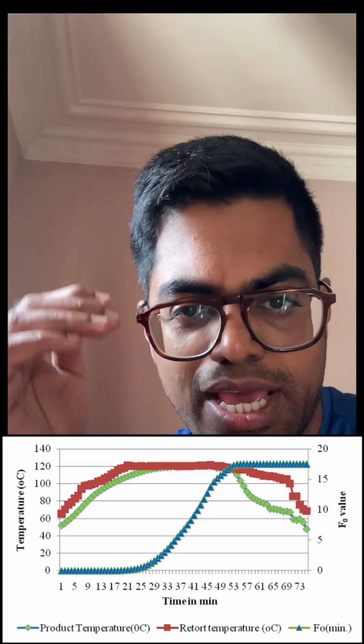So you are required to calculate lethality for each minute during the sterilization. Normally the practice is that F0 is calculated from 100 degrees to 100 degrees. When your cycle is in heat up and you reach 100 degrees, it starts calculating F0. Why 100 degrees? Because before that is not really significant, it is 0.00 something, and that is not adding value to your F0.